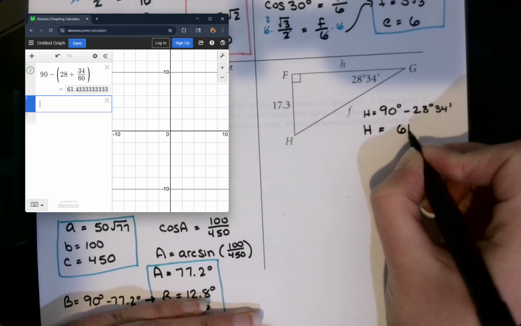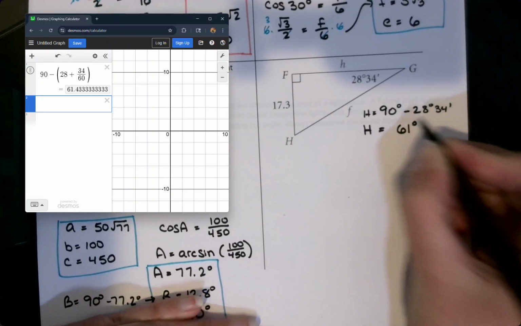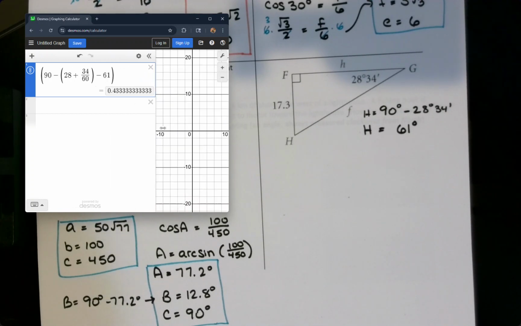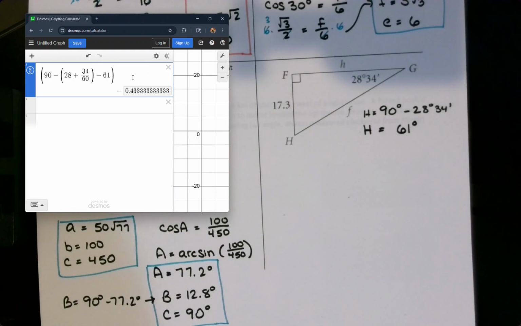Okay, so I know that my answer for angle H right here has 61 whole degrees and 0.4333 partial degrees. So what I'm going to do next is on that same line, let's just subtract off the 61 to have just the fractional part. And then I closed some parentheses right here. I'm going to multiply that back by 60 to convert those fractional degrees back into minutes.